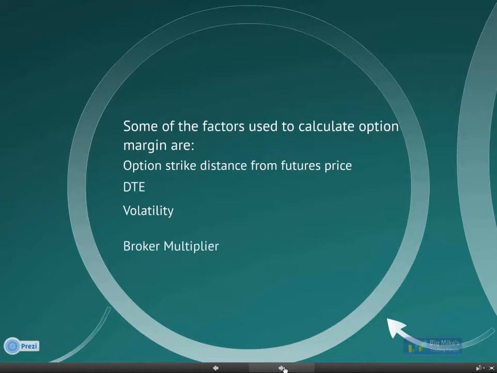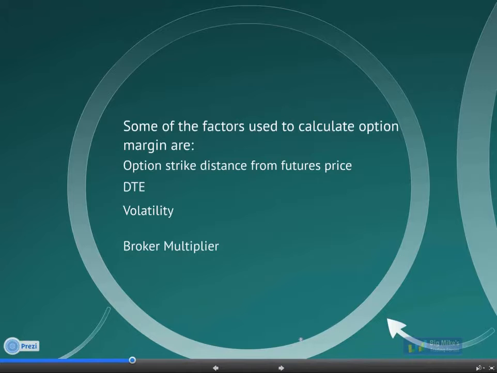Some brokers charge more than the SPAN margin. Everybody's required to charge the SPAN margin. They can't charge any less, but some brokers will charge more. IB is a prime example of charging 2, 3, 4 times as much margin on options as SPAN minimum.